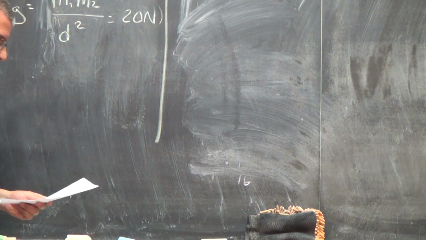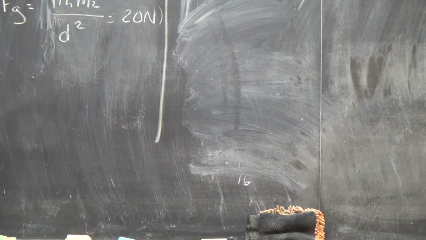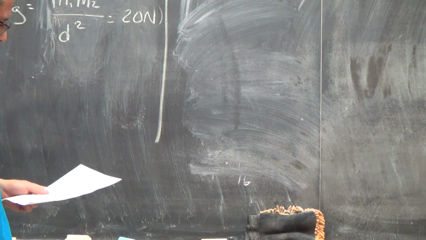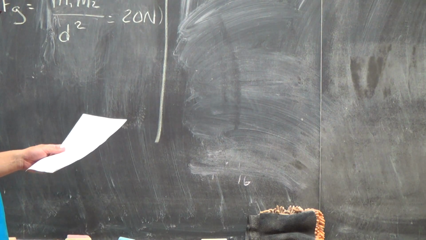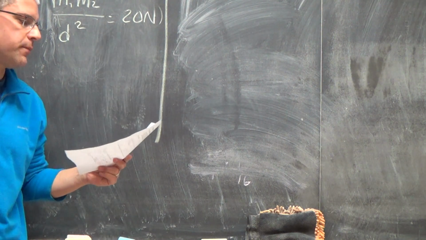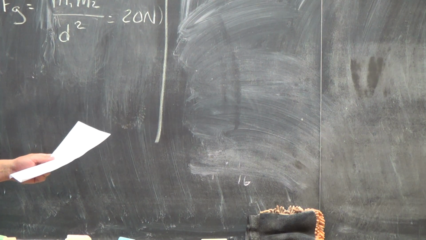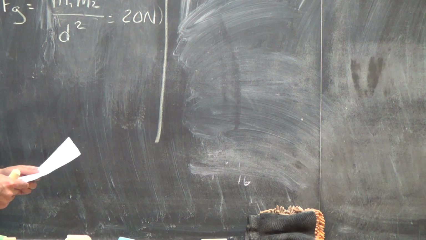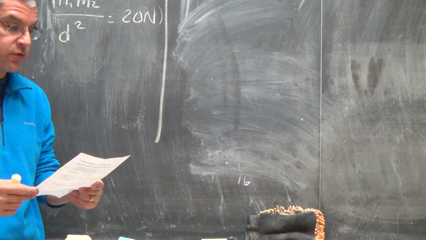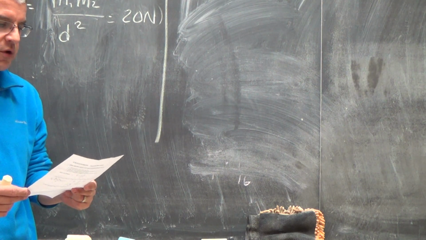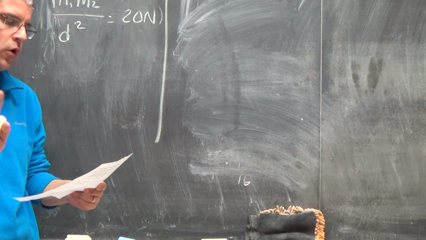All right, let's go to number 5. Back to this. What do we got here? Number 5, start with gravity being 20 newtons. Increase one mass by a factor of 3. Oh, geez. And another mass by a factor of 2. And decrease distance by a factor of 5. Okay, hold up a second.